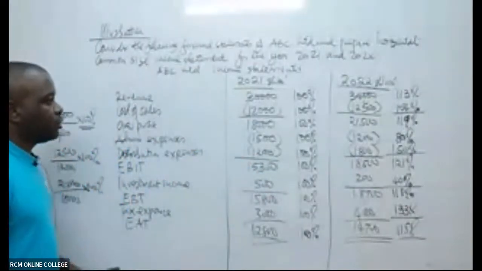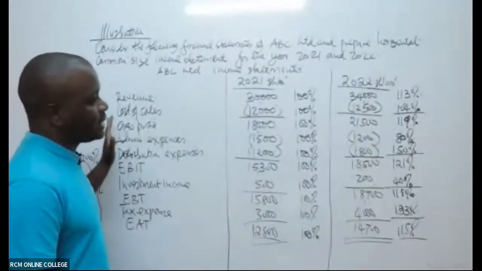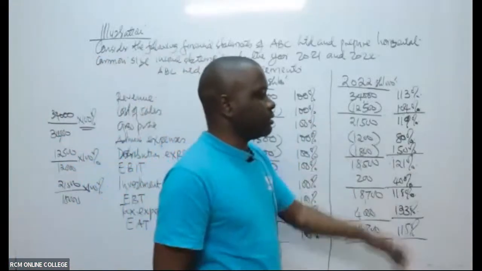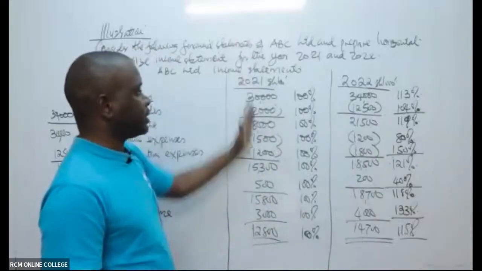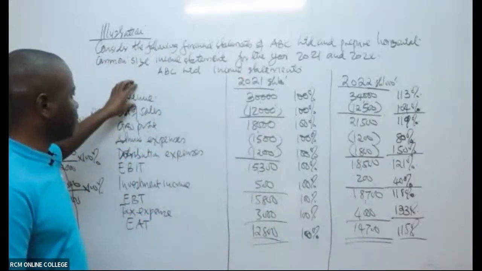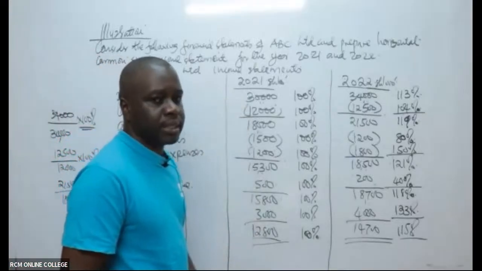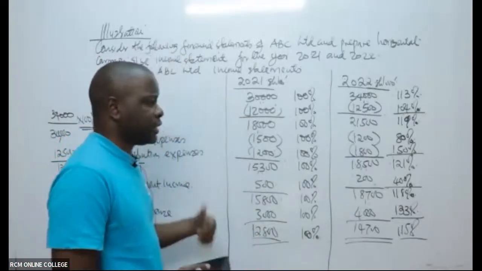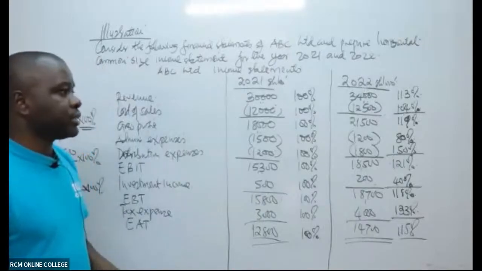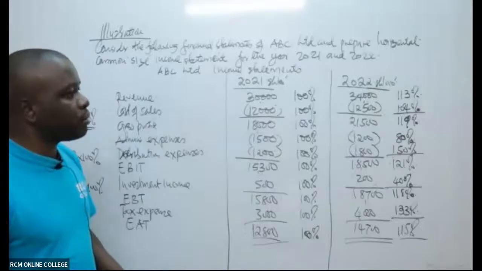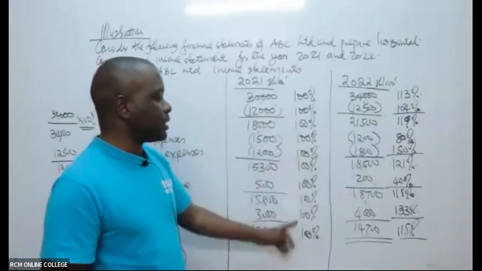So with that, you'll be doing the analysis horizontally. Horizontal is like this, but for vertical, it is like this, whereby you use this item as the base and convert all the other items into percentages. It gives you a trend that you can use to analyze. Remember, it is far easier to analyze using percentages than figures.